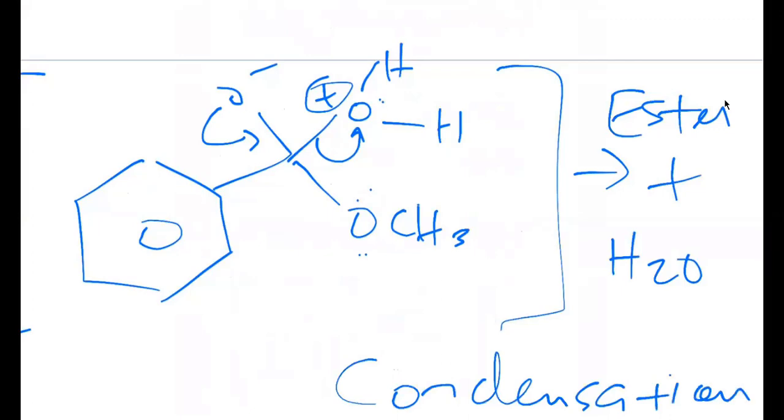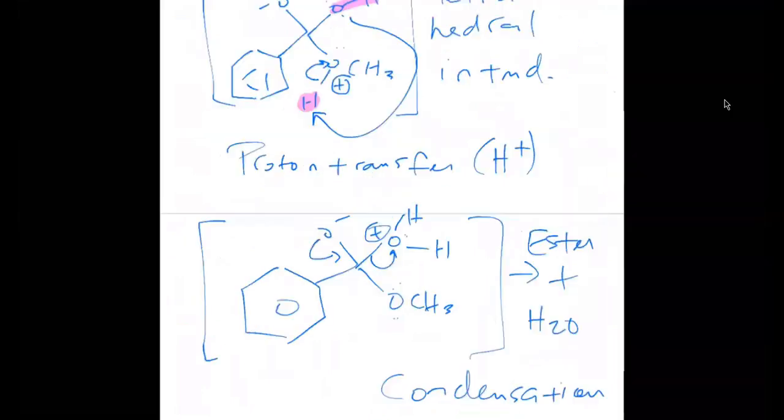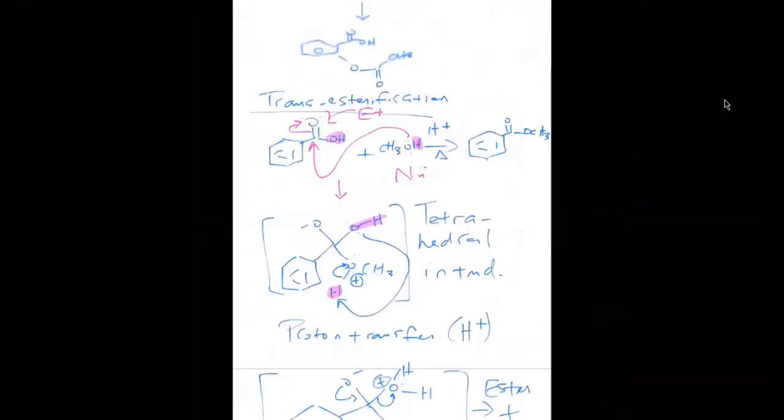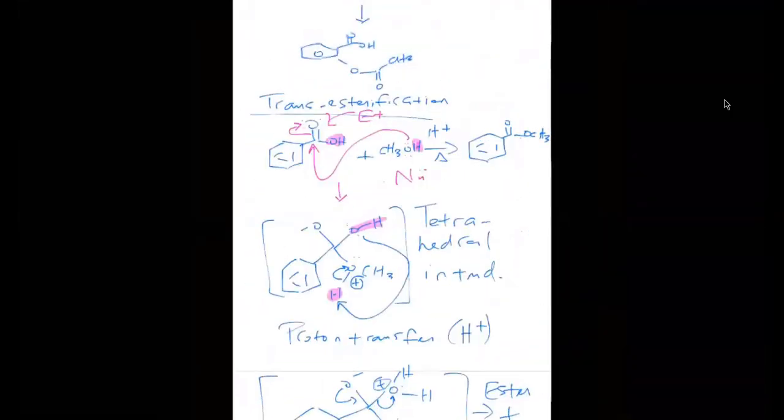All right, let me ask a question. What type of reaction is this overall? What did I do in the first step? Is it a substitution? It kind of looks like that.